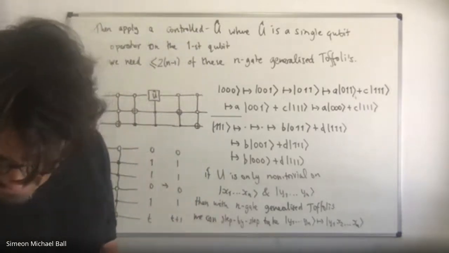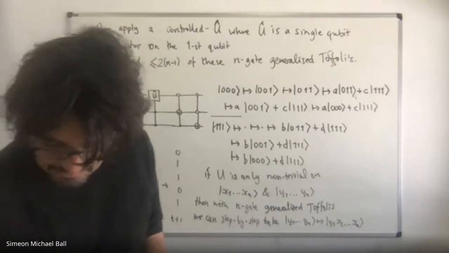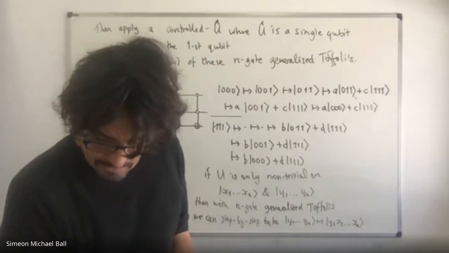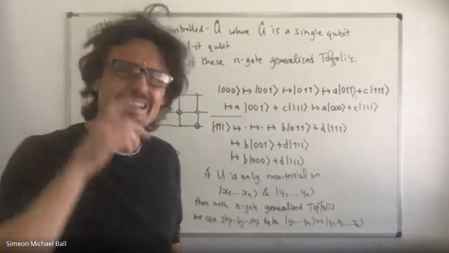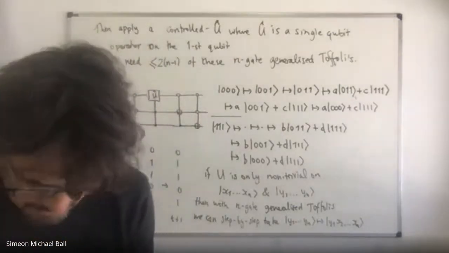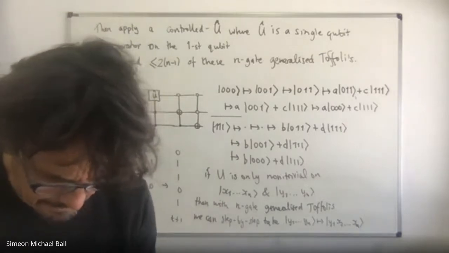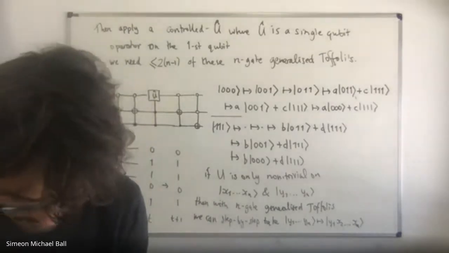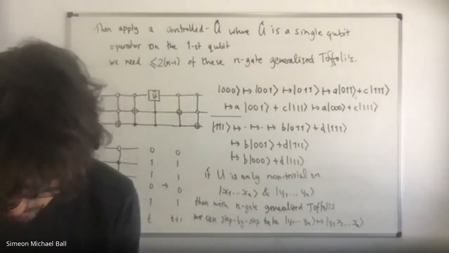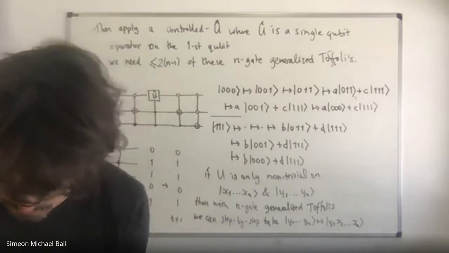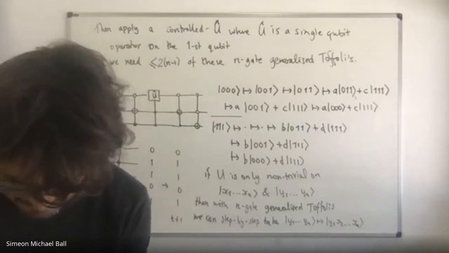So how many Toffolis do we need to implement this? Now, at some point we saw that we could implement a Toffoli with a constant number of single qubit operators.